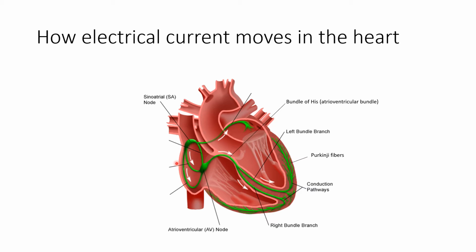The electrical current comes around the right atria, and simultaneously it's coming around the left atria as well. And it sends a signal. Once it gets to this atrioventricular node, a signal goes down the bundle of His and then down these conduction pathways and then branches out around the right bundle branch.